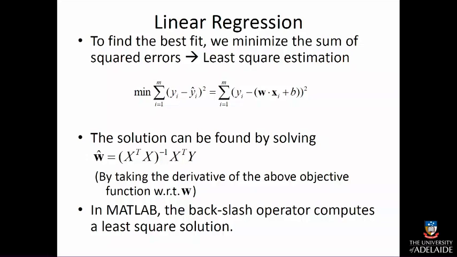But in any case, to find b is easy. And in MATLAB, you can just use the backslash operator, and it calculates using this least square minimization, basically. So this is the simplest linear regression.